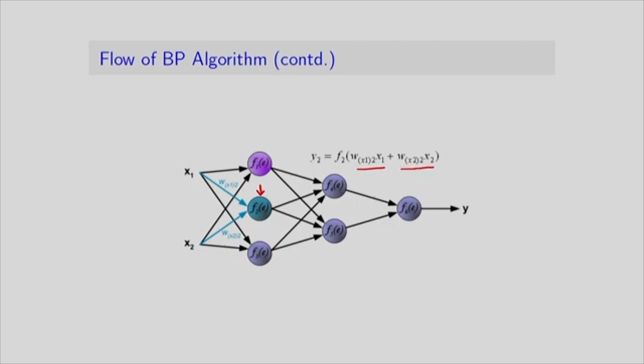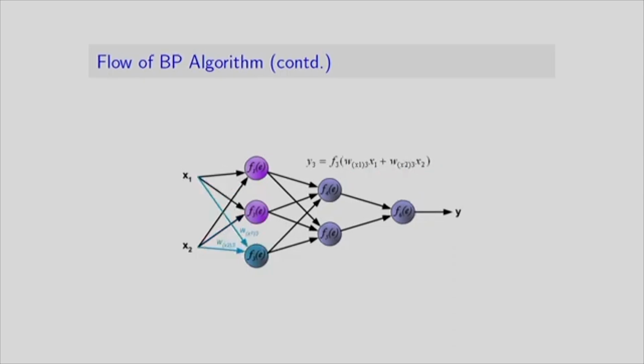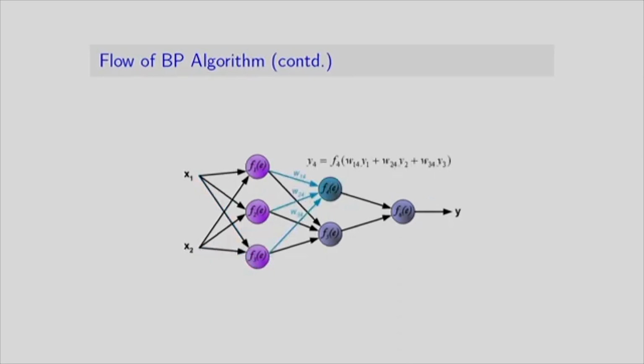So it is a simple equation, and we are determining the activation in the hidden neuron. Similarly, y3 corresponding to this neuron can be determined like this.